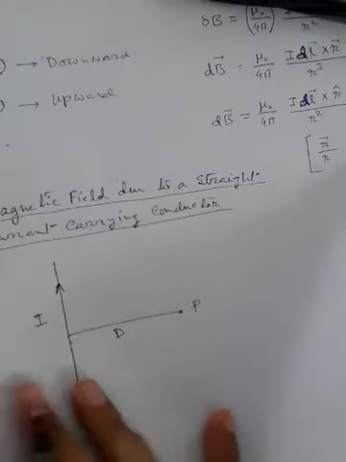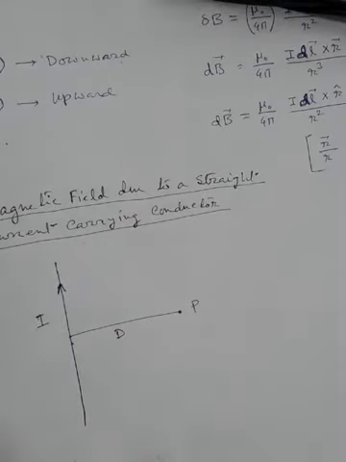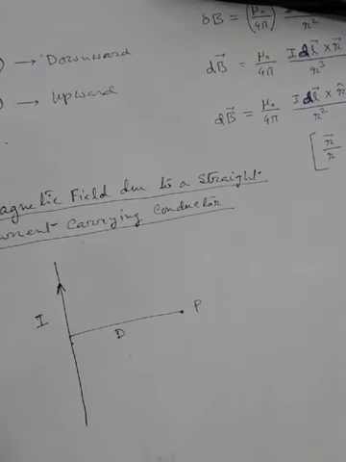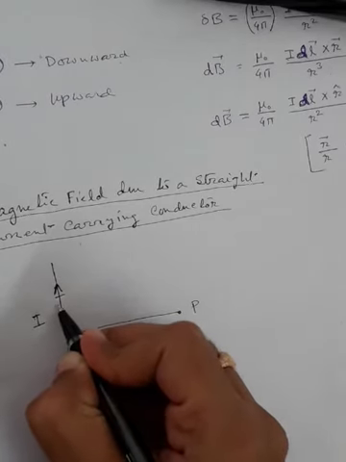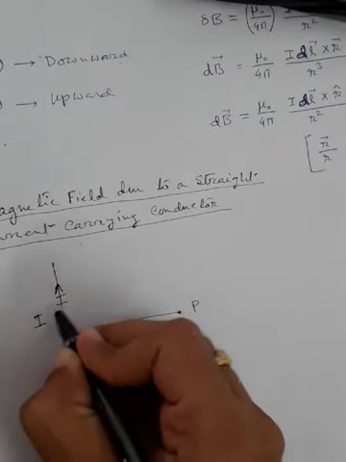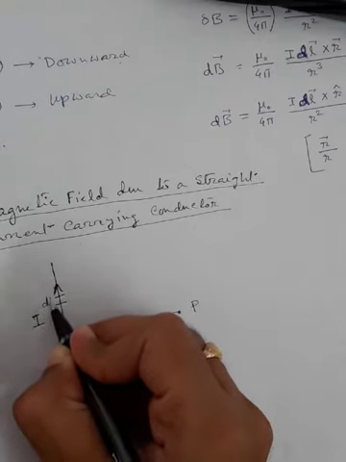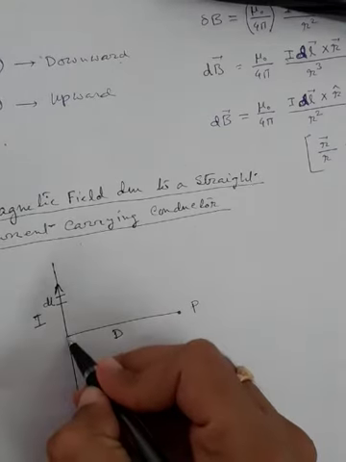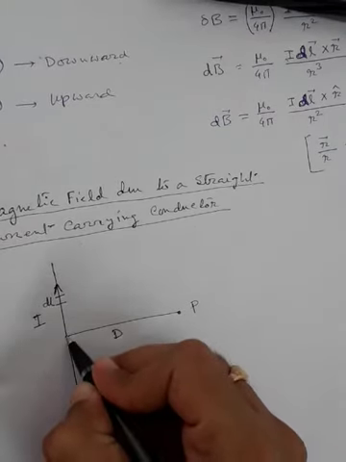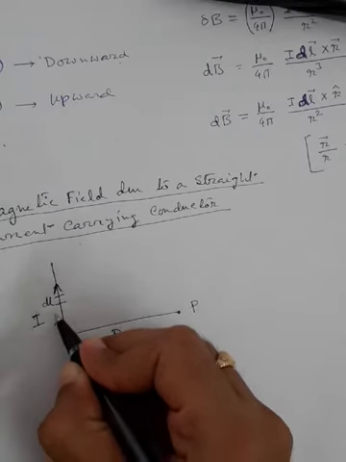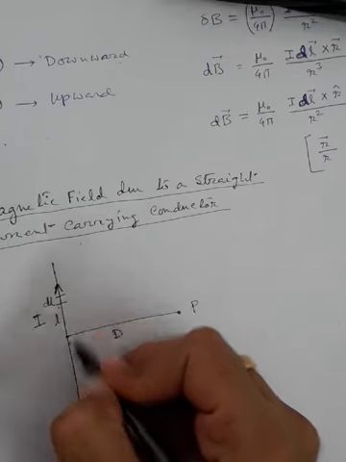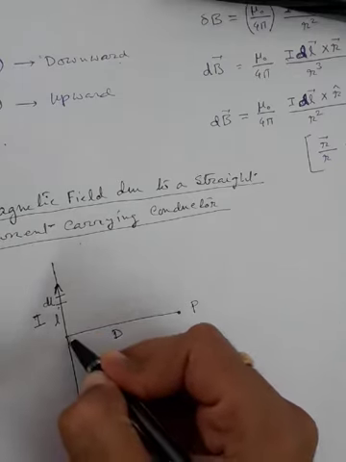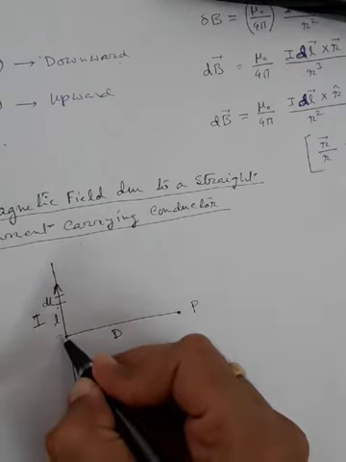Now let us consider a small element here. The length of the small element is dl, which is at a certain distance L from this midpoint or the origin.